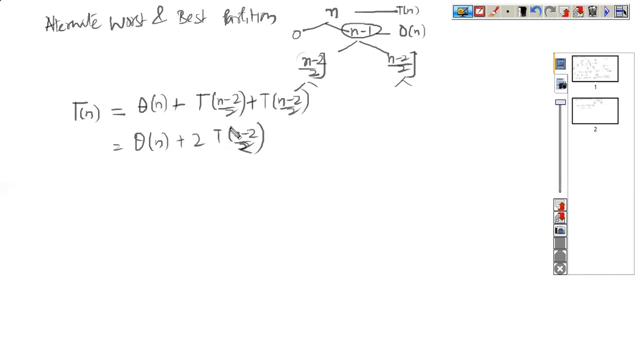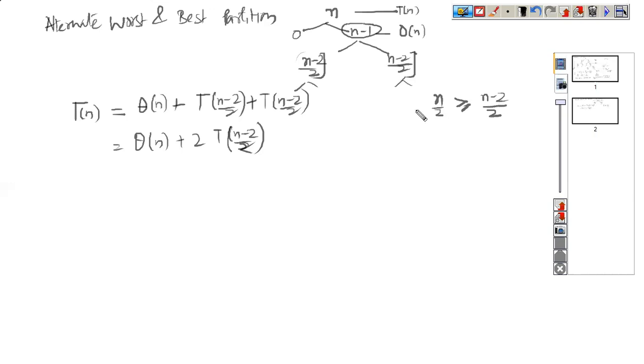Now our objective is always to write the expression in a simplified form so that we can easily solve it. So here you can see that n by 2 is actually more than or equal to n minus 2 by 2, because this value is more, this value is less.